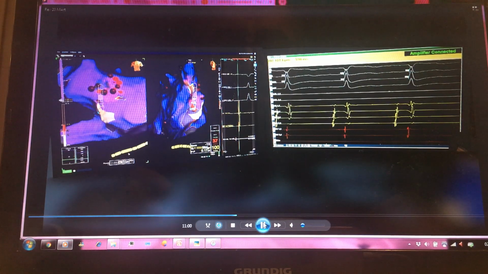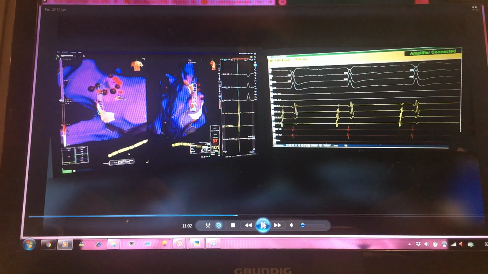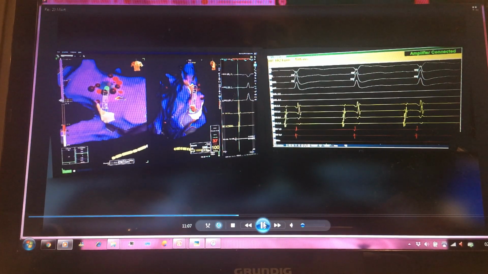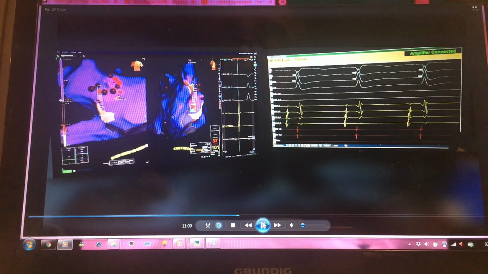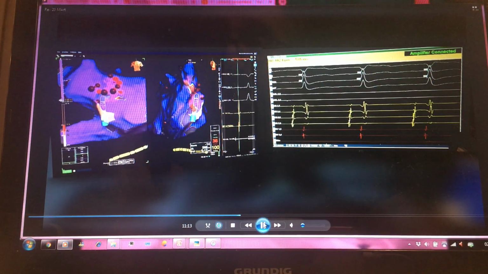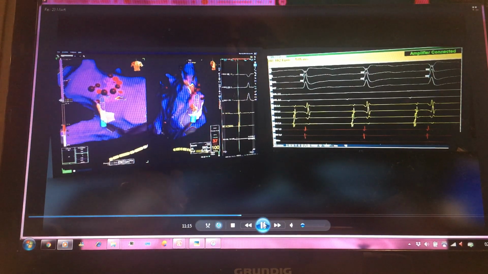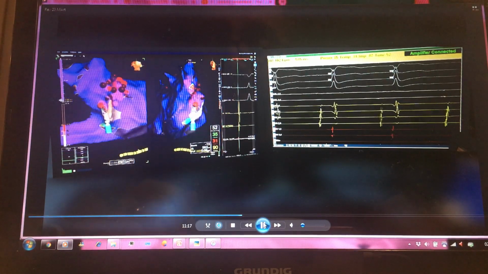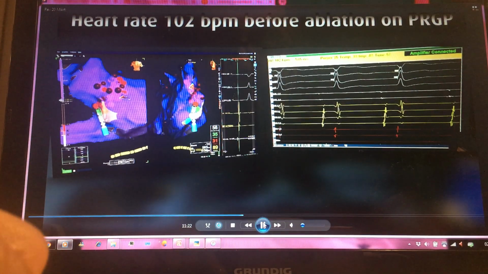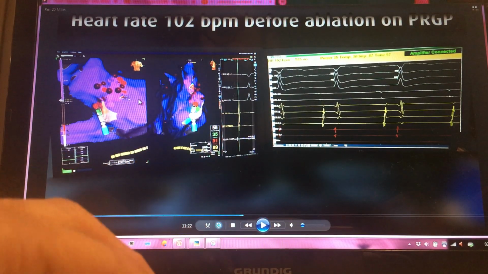It's very easy to define those fragmented electrograms in the anterior wall of the right superior pulmonary vein. But you should check the relationship with the superior vena cava during the ablation procedure. You should be close.